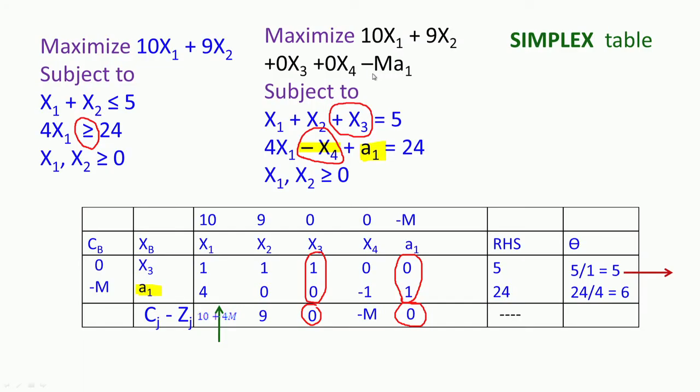So, we thought that by putting a large negative contribution here, big M is large and positive, so minus m is a large negative. So, by putting a large negative contribution, we will prevent this A1 from coming into the solution, so that if this problem has a solution, now this problem will show the same solution and this problem's solution will not involve A1.